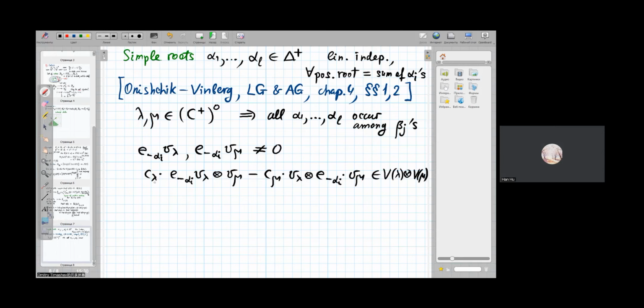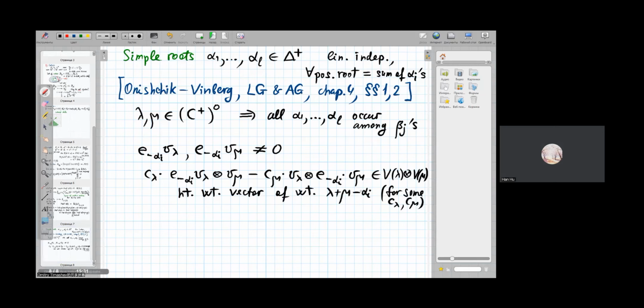And you may choose the coefficients C lambda and C mu in such a way that this will be a highest weight vector of weight lambda plus mu minus alpha i, for some C lambda and C mu.